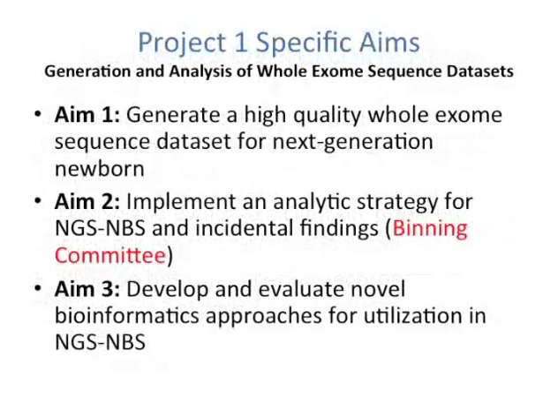Some of the specific aims include what we call our binning committee that looks at an analytical strategy for determining how and whether incidental findings should be reported back to families.